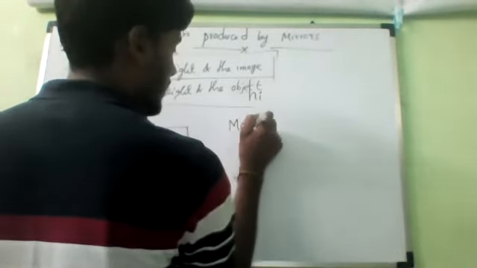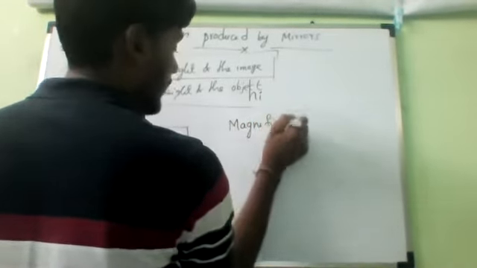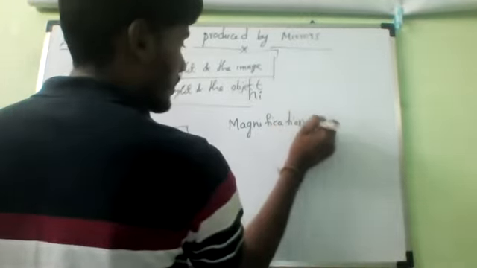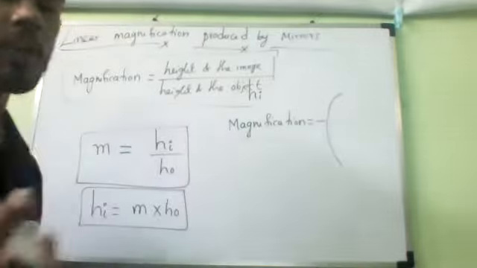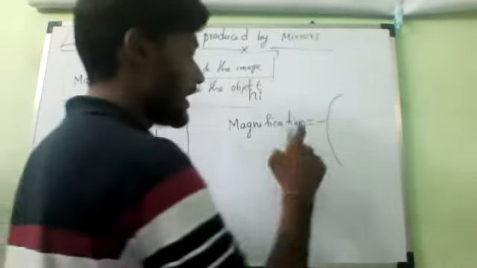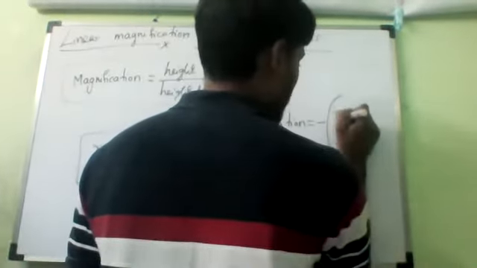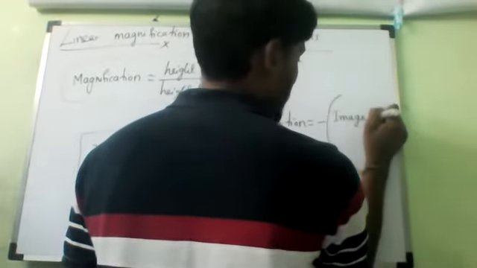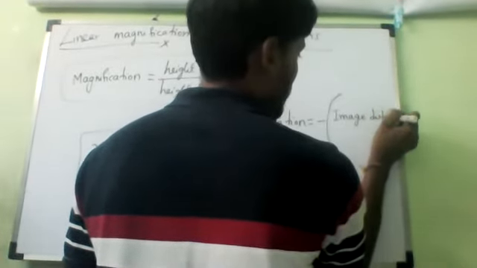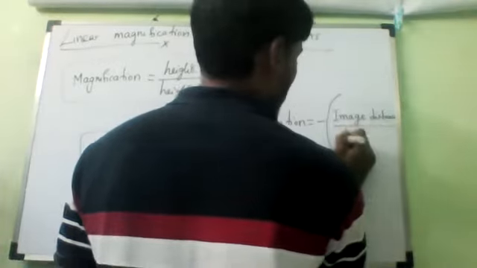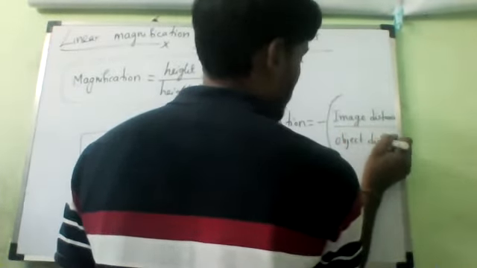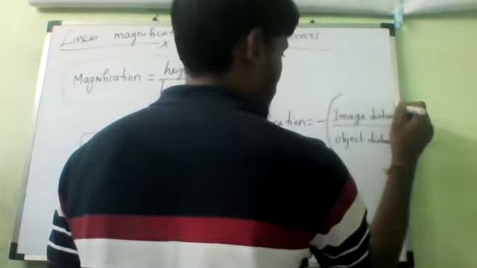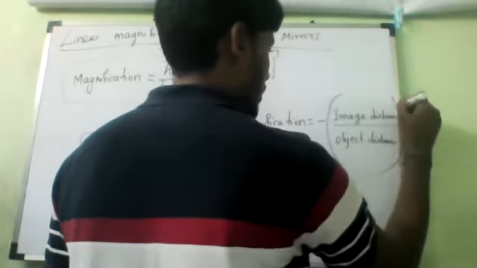Another formula: magnification is equal to minus of image distance divided by object distance. No textbook will give the minus, but nobody should write without the minus. You can make a box here.